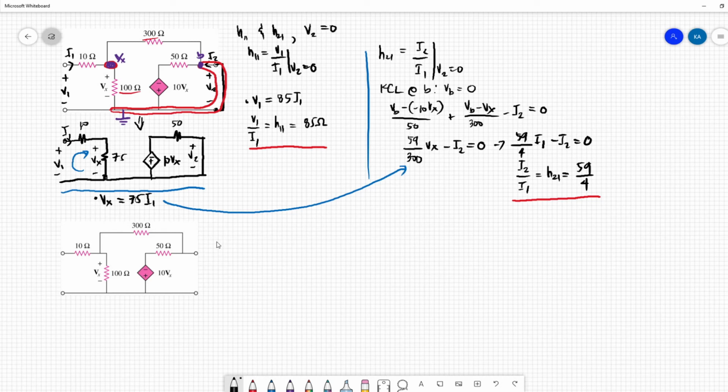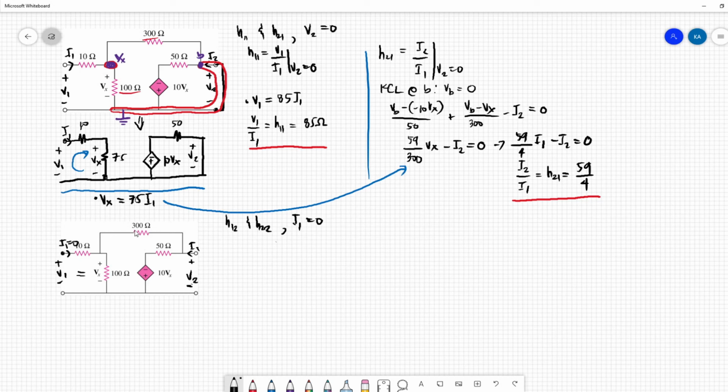Now for H12 and H22, our I1 is equal to 0, meaning our port 1 is open. So I1 is equal to 0. So if I1 is 0, meaning our V1 is just equivalent to Vx.